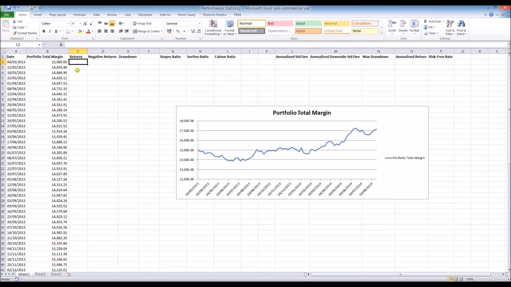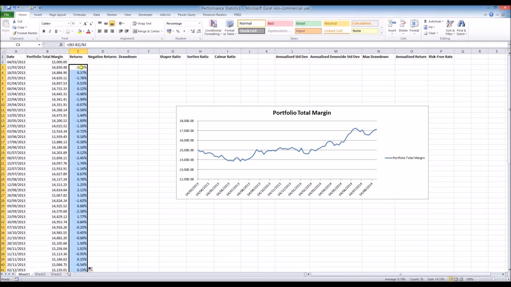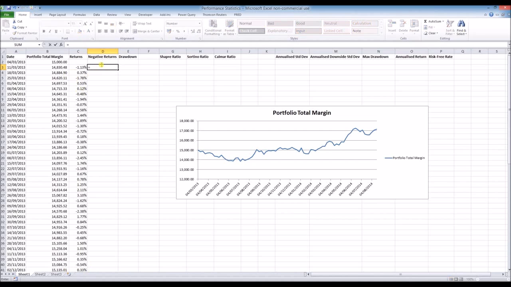So let's start with column C, returns. We just use the standard returns formula that we've used throughout the video series. Copy that down for all our rows. And then to extract just the negative returns within column C, we'll use an if formula.